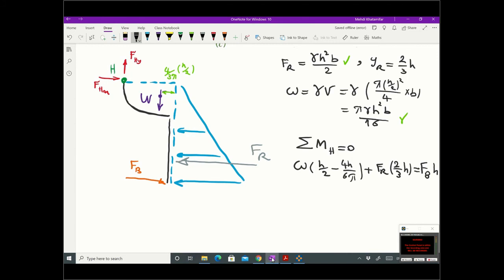And if you calculate, Fb is going to be 1.17 R. Why? Because R was gamma h square b divided by 3.